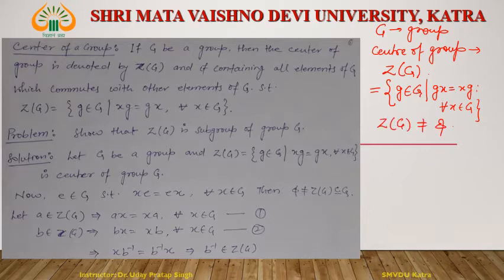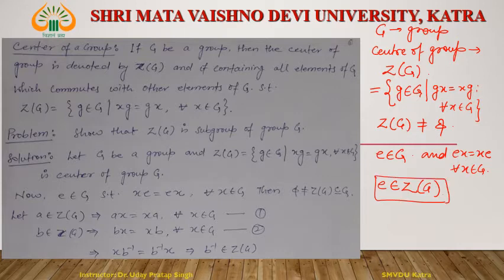Why? Since e belongs to G and ex equals xe for all x belonging to G, there is at least one element e in Z(G). Therefore, Z(G) cannot be empty.